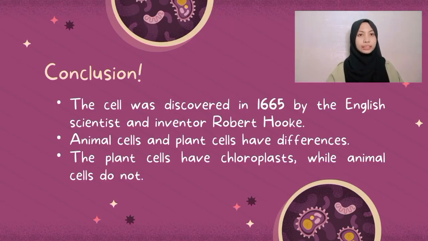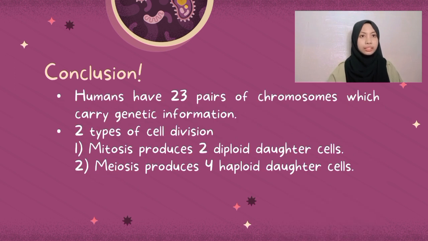In conclusion, the cell was discovered in 1665 by English scientist and inventor Robert Hooke. Animal cells and plant cells have differences, as plant cells have chloroplasts, but animal cells don't. In cells, there are chromosomes that carry genetic information.